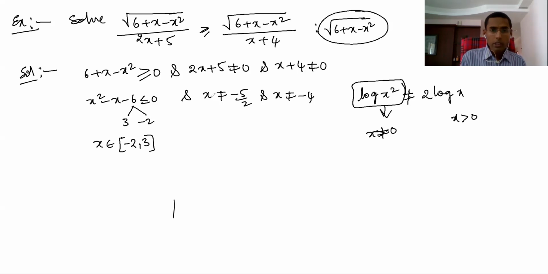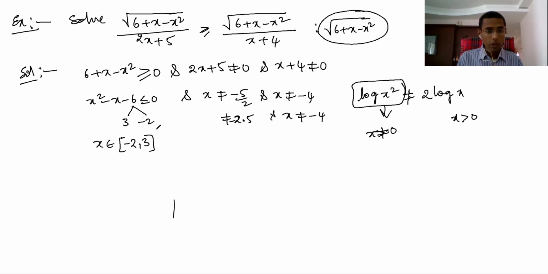So here x cannot be minus 5 by 2, but minus 5 by 2 means minus 2.5. That anyway will not come in this. Minus 2.5 is on this side of this, so it's not a problem. And x is not equal to minus 4, so minus 4 is also not there.